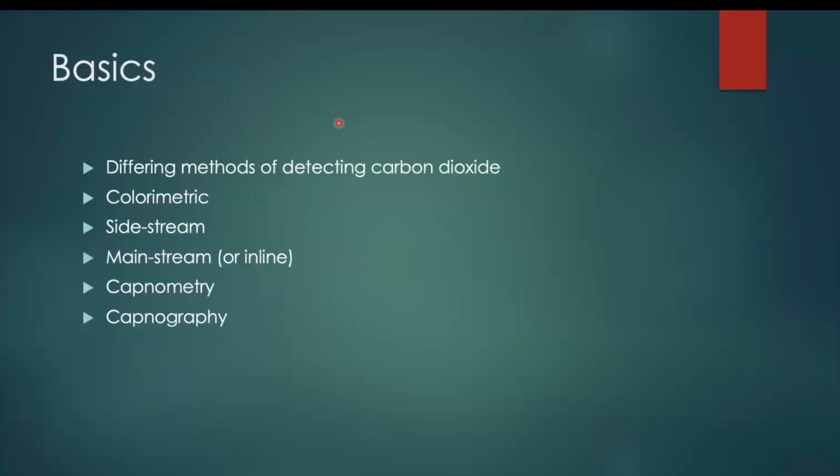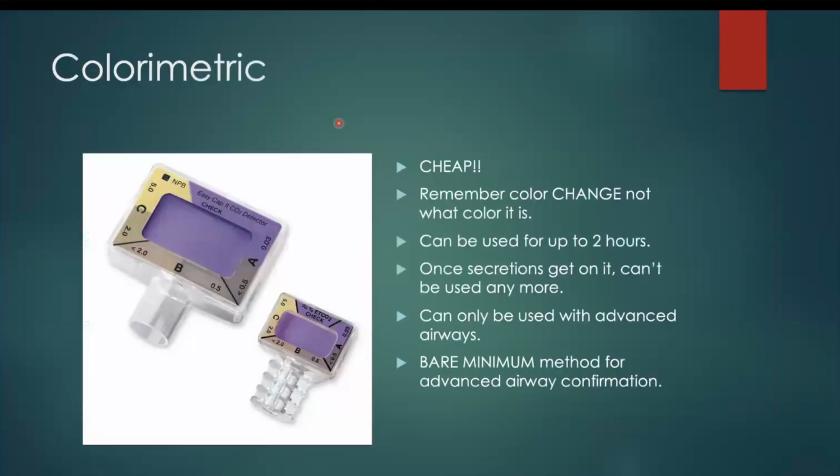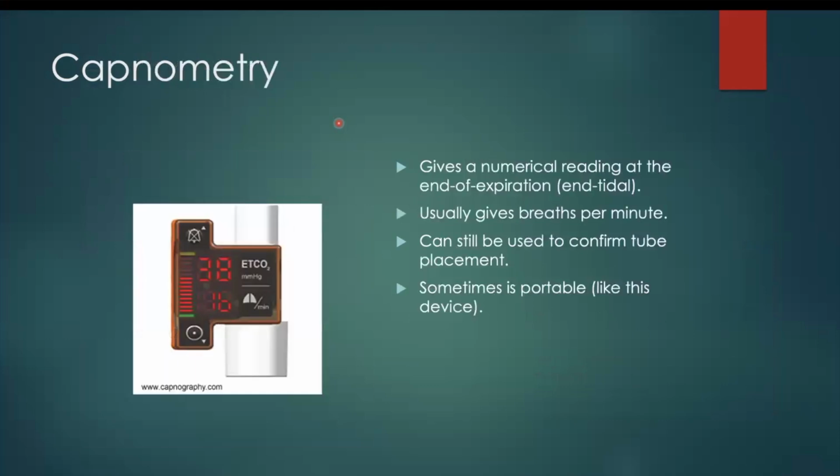So there are a bunch of different methods of detecting carbon dioxide. We're just going to blow through those really quick. So colorimetric used to be the most common one, primarily only able to be used for endotracheally intubated patients. Capnometry was then one of the first digital versions, where it's basically only telling you a number.